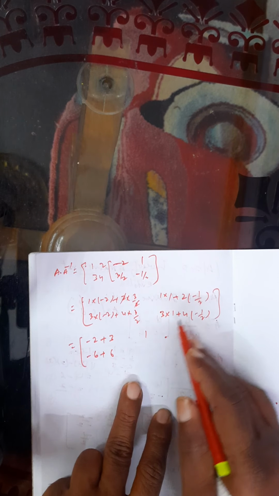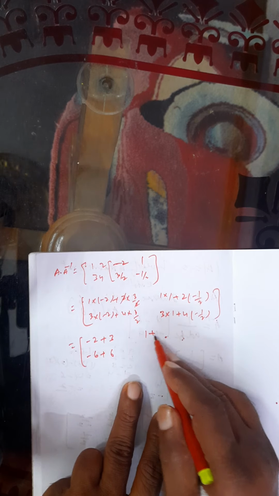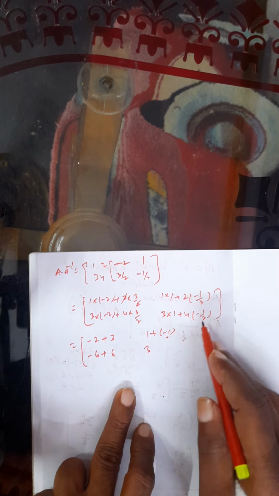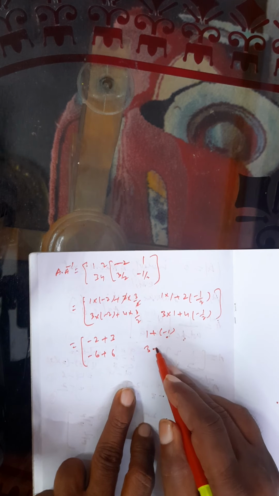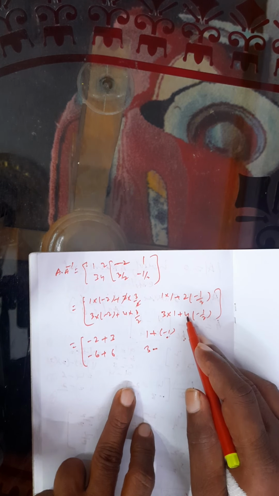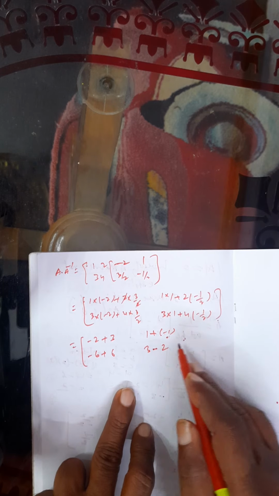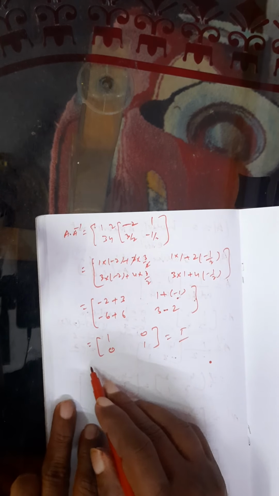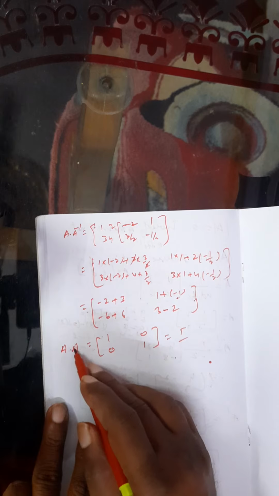Here 1, 2 2s gone, minus 1, 3 and this gone, 2 into 1 is minus 2. So what you have here results: 3 minus 2 is 1, plus 1 minus 1 is 0, plus 6 minus 6 is 0, 3 minus 2 is 1. This is nothing but I. So we got that A into A inverse is an identity matrix.